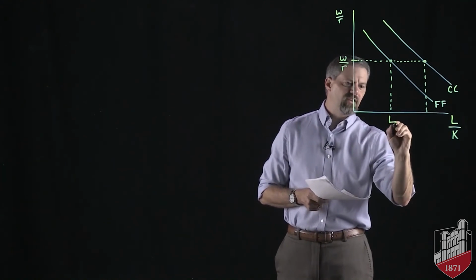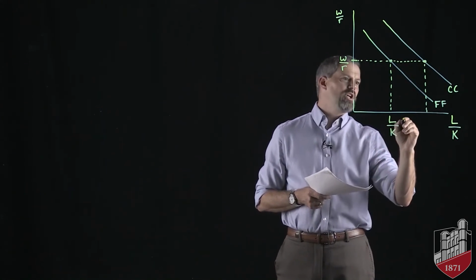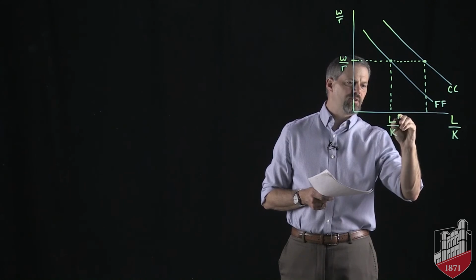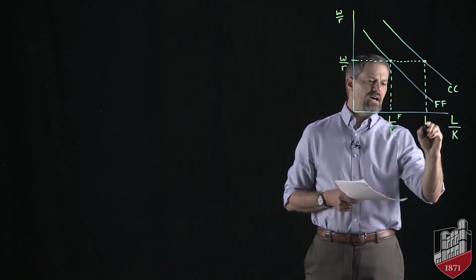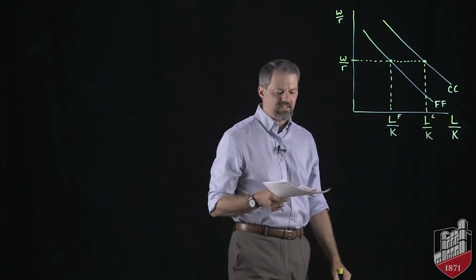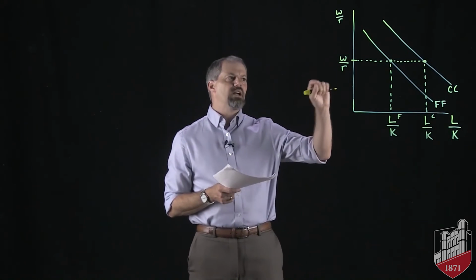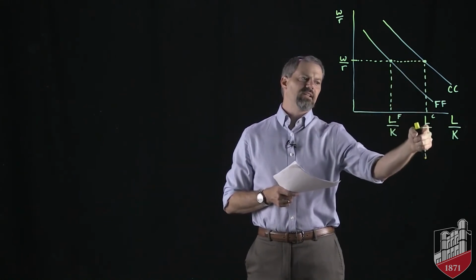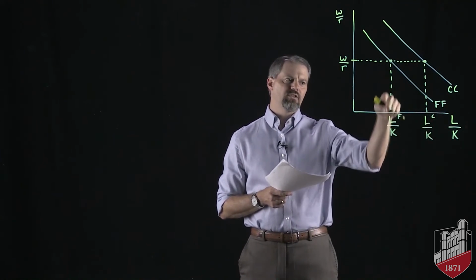Let's call this L, the relative amount of labor to capital used in food production. Let's just give it a superscript F there. And the relative amount of labor to capital used in cloth production, we'll give it a superscript C. And what we see here is that production of cloth is relatively labor intensive. It has a higher labor to capital ratio than production of food.